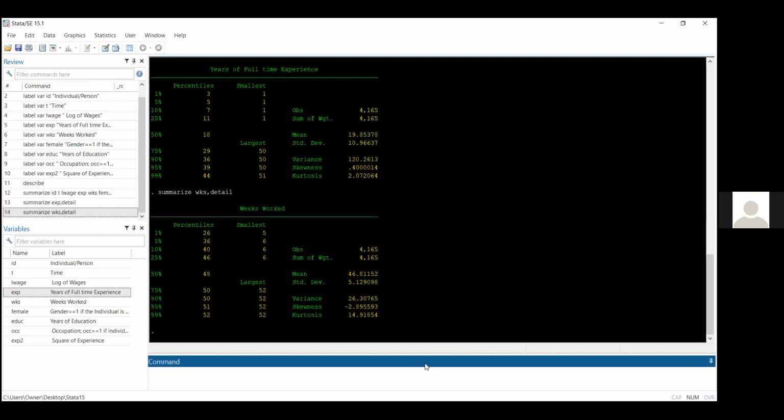For kurtosis, you can see it is way above 3. So you could say it is leptokurtic, meaning it is very highly peaked. Therefore, you have more higher values above the sample average.